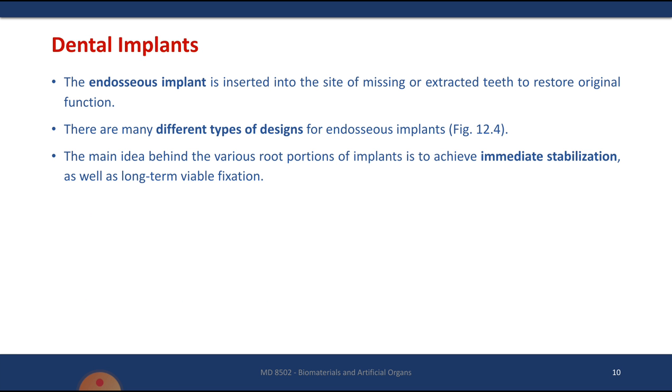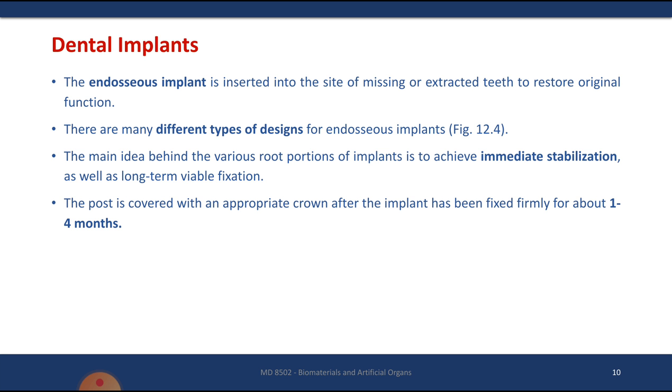This artificial tooth has to set immediately, because once the tooth is replaced and we start using our teeth to chew food and grind, this artificial tooth should not move or cause any damage, right? So that is one thing. It should be immediately stabilized, and the post is covered with an appropriate crown after the implant has been fixed for about 1 to 4 months.